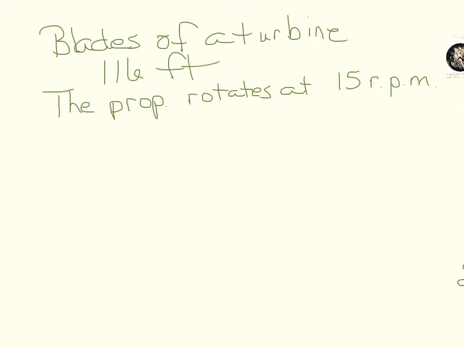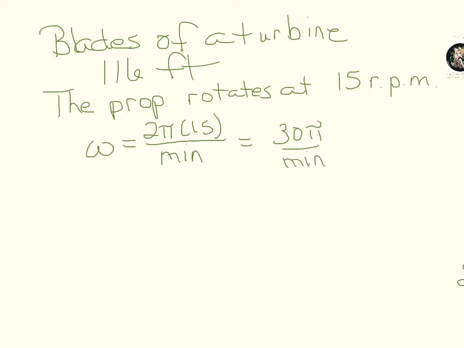So my angular speed is going to be 2 pi, because that's one revolution, but how many revolutions do we have? 15. So 2 pi times 15, and this was per minute. So angular speed is 30 pi radians per minute. How do we get linear speed?